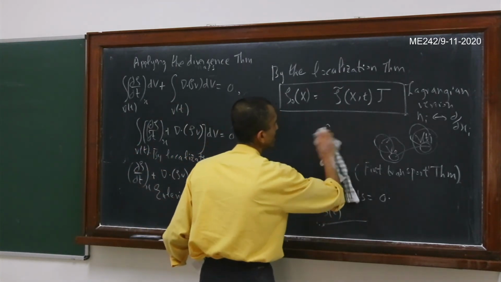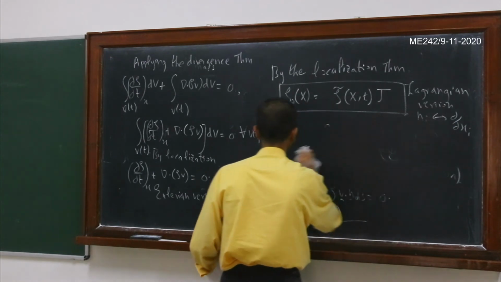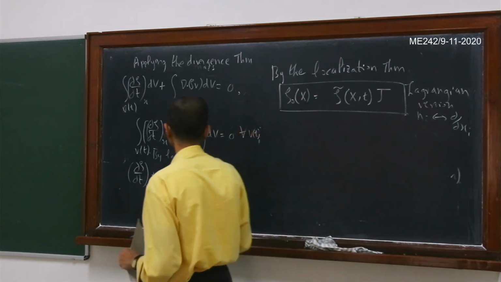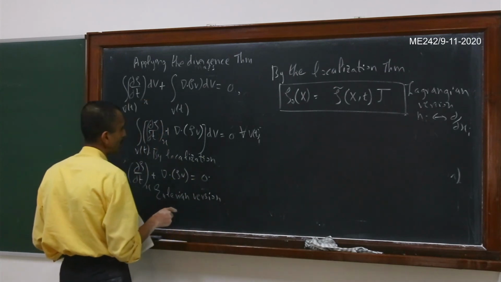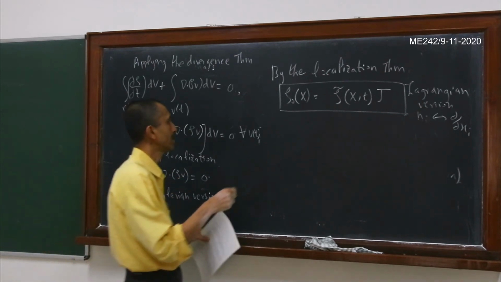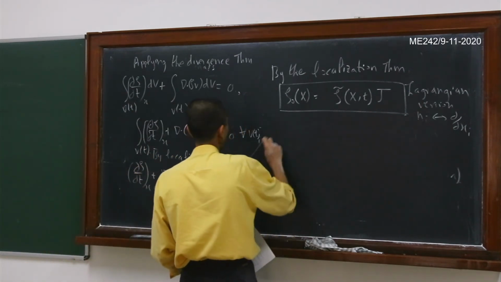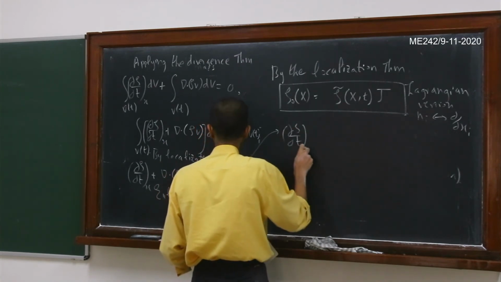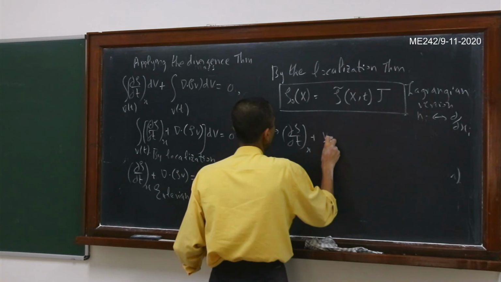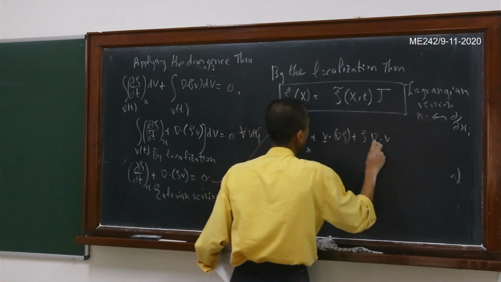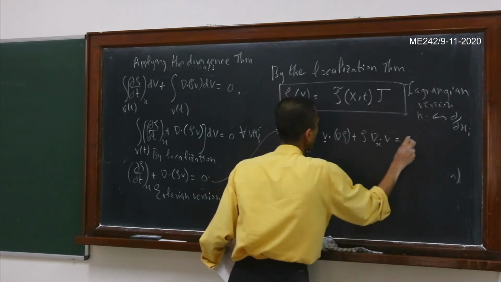First let me write an alternative form for this mass conservation equation. This del dot rho v I can expand as rho times del dot v plus v dot del rho. So I can write this as del rho by del t, keeping x fixed, plus v dot del rho, plus rho del dot v, is equal to 0.